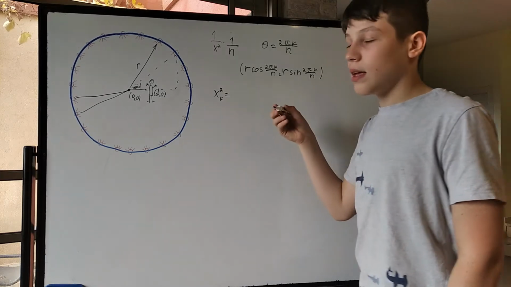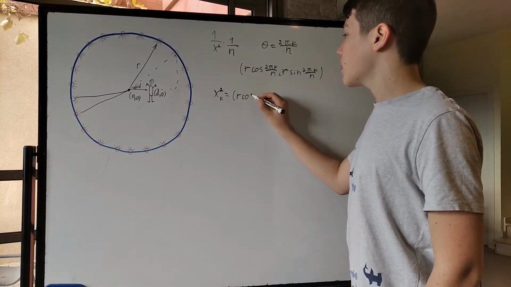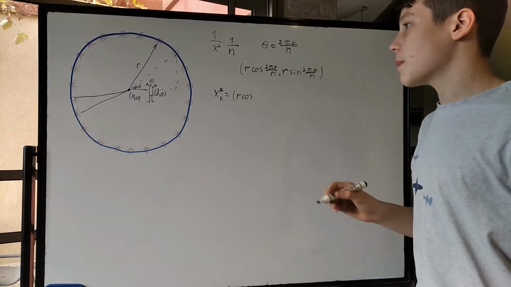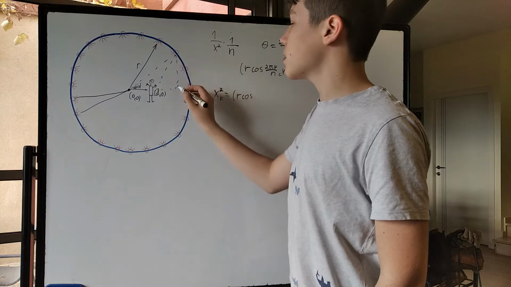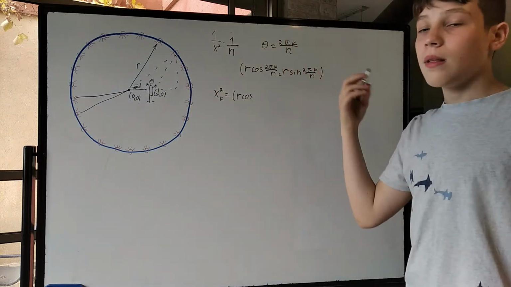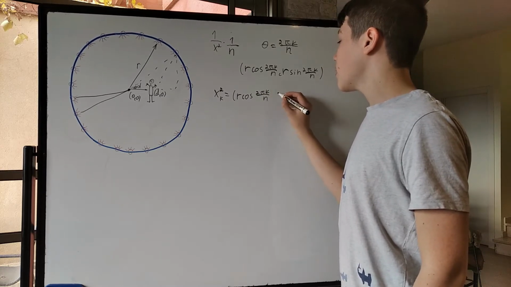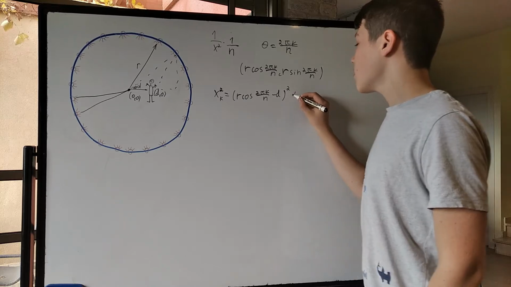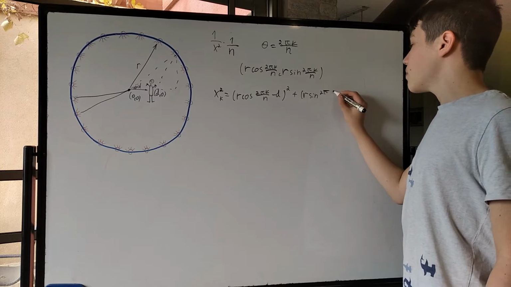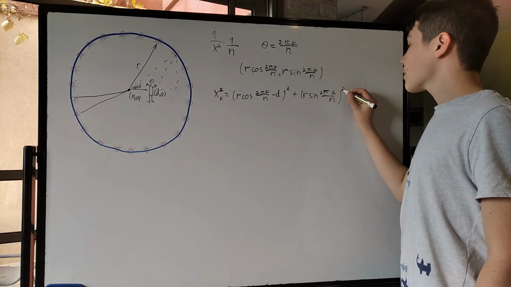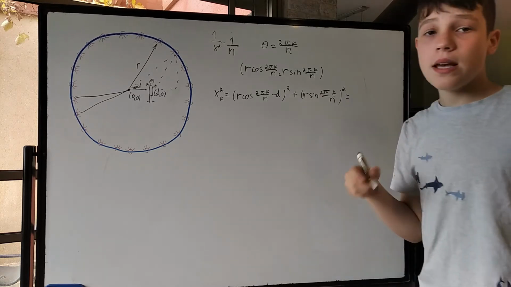If I square it, by Pythagoras, it is, I'll let you check for yourself why, but here, instead of completing this triangle, you're completing this triangle, and you know this length and this length, and from that by Pythagoras, xk squared is r cosine of 2 pi k over n minus d, squared, plus r sine of 2 pi k over n, squared. This is the distance from the kth light bulb. And now let's expand these out and simplify a bit.